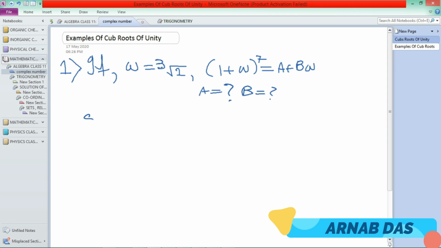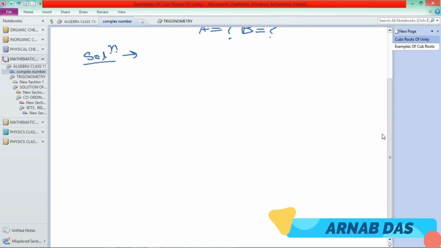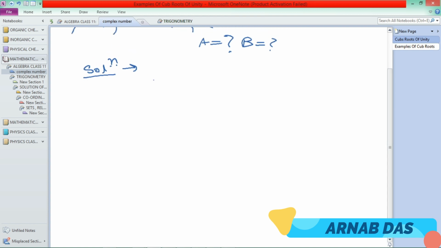So now discuss the solution part. At first, 1 plus omega to the power 7 equals a plus b omega.